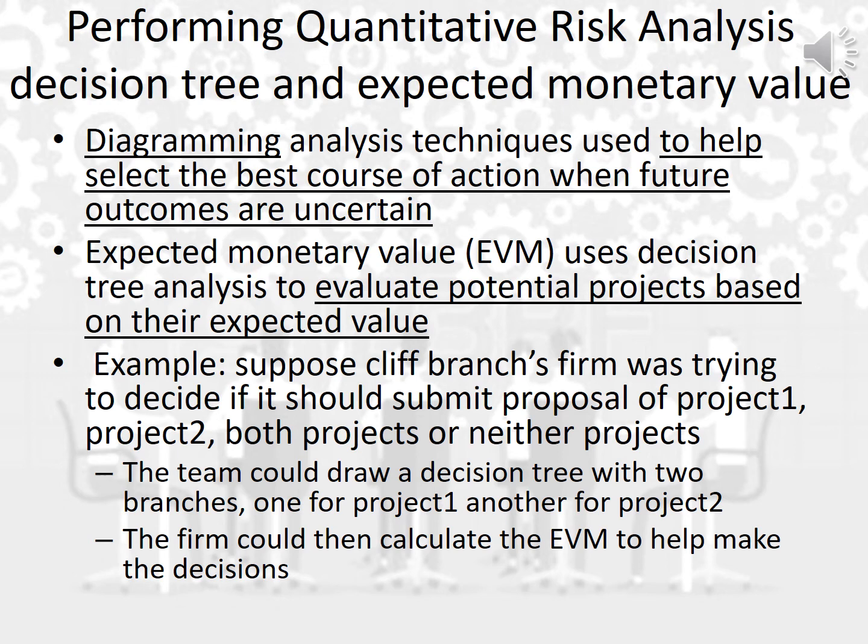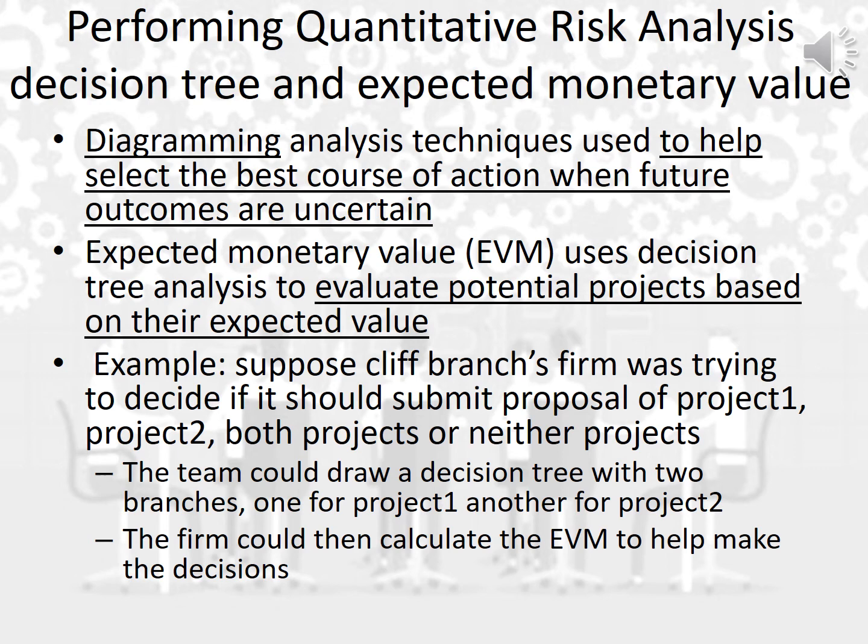Let's take an example. Suppose a certain company or firm was trying to decide if it should submit a proposal for project 1, project 2, both, or neither. So in this example, the scenario is a project developing firm that wants to decide whether to accept both projects, project 1 and 2, or to reject both.